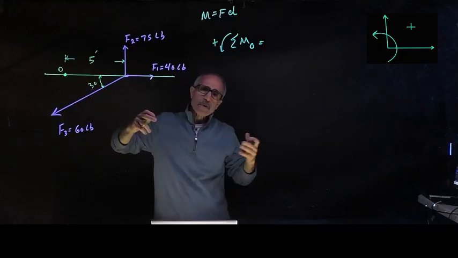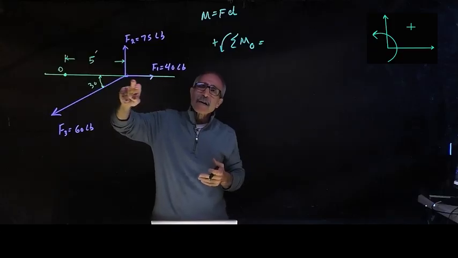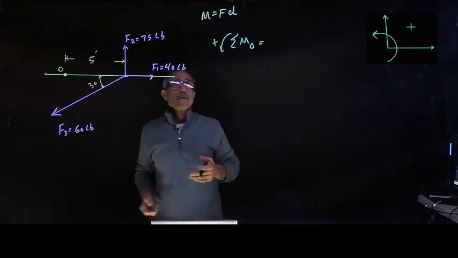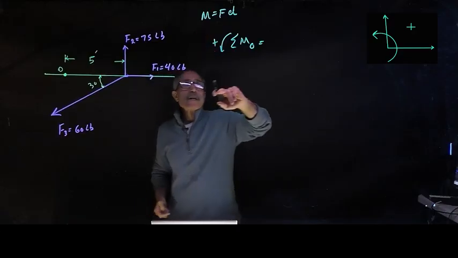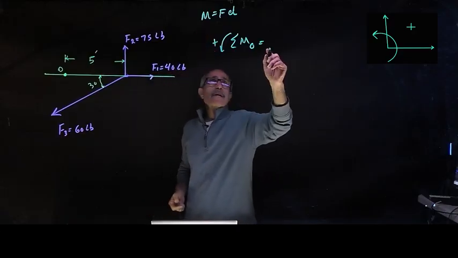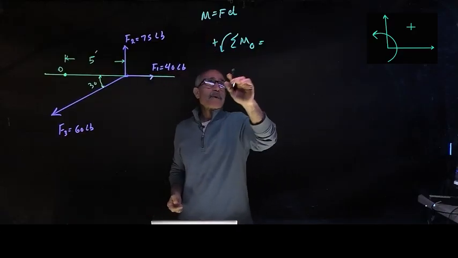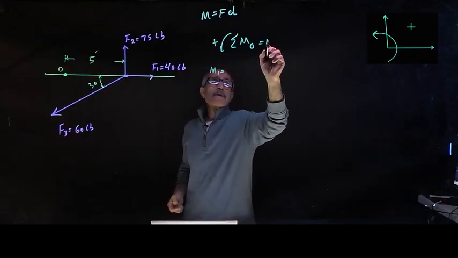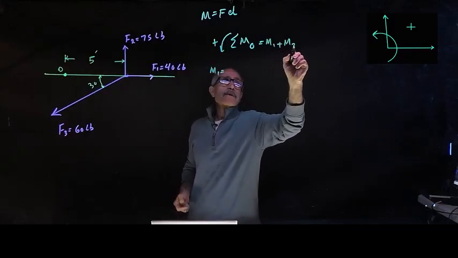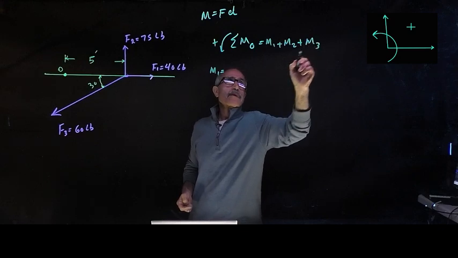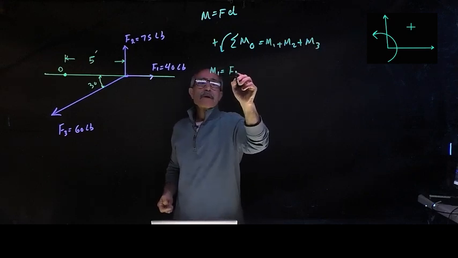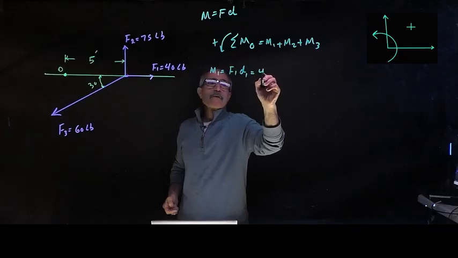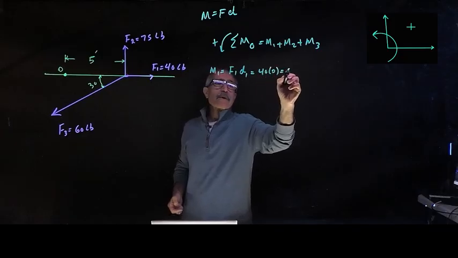Or we could say in engineering that it's in the same line of action, so it cannot take a moment about itself. So, let me break it down to make it easier: the sum of moments is M1 plus M2 plus M3. M1 is equal to F1 times d1, which is 40 times 0, and that becomes 0.